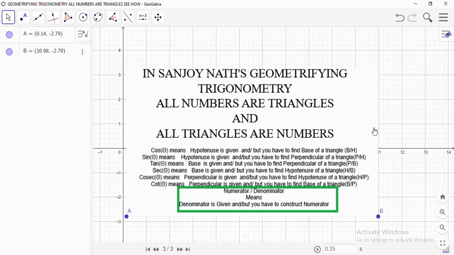In the same way, when L is given, which is 1, just align and scale to fit the first ratio. Align the denominator of the first ratio to L and get the triangle where the numerator of the first ratio is the output.